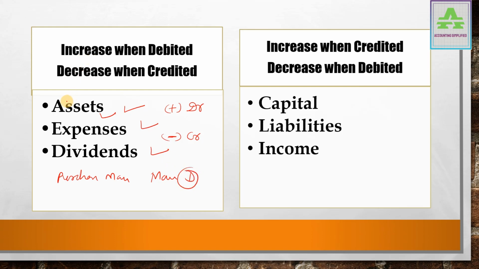So whenever these three increase we have to debit, and whenever they decrease we have to credit. Similarly, whenever capital, liabilities and income are increasing, we have to credit, and whenever they decrease we have to debit. This is how the rules of debit and credit are created.